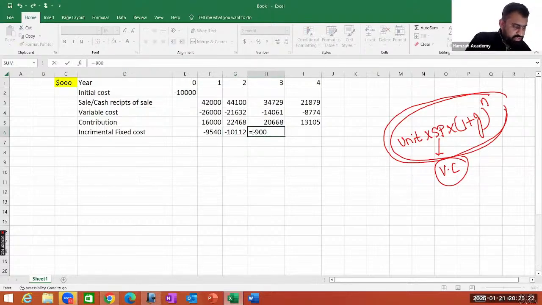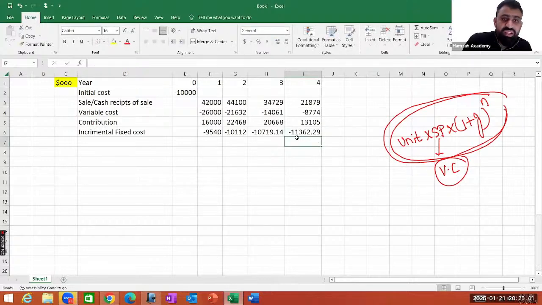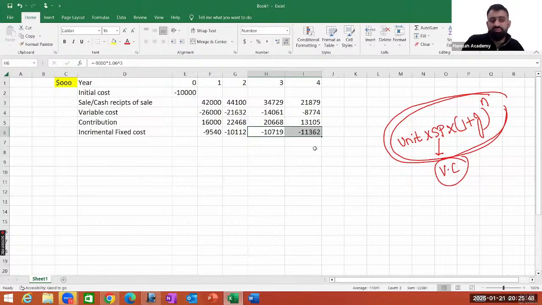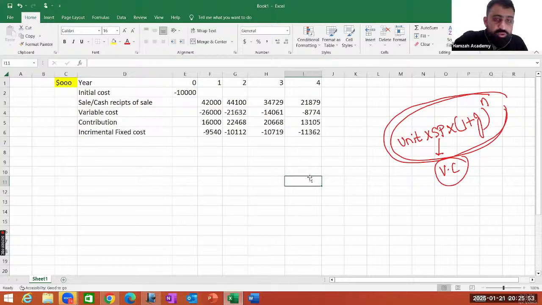Then again, 9,000 into 1.06 raised to power 3. Then again, 9,000 into 1.06 raised to power 4. So that would be the incremental fixed cost, and this is how we will consider it in the proforma of NPV. That is the exact proforma which we will be using to calculate NPV in a given question.